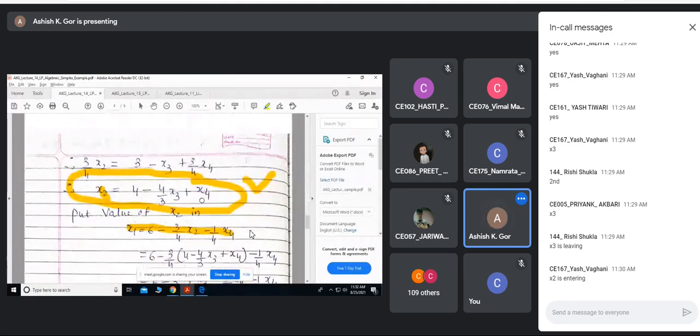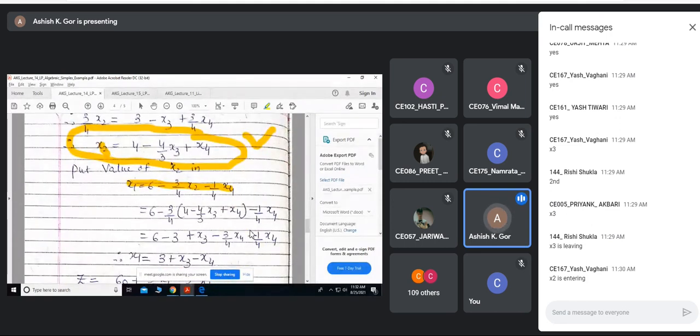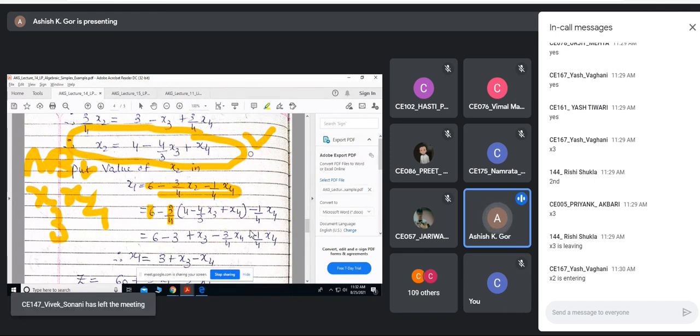Why to put? Because I want everything in terms of x3, x4 on the right hand side. I want x3 and x4 as non-basic. So I have to put x2 equal to this. So it will be 6 minus 3 by 4 into the entire value, minus 1 by 4 x4.